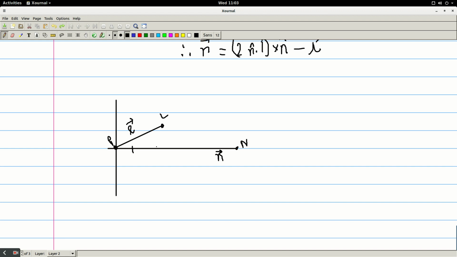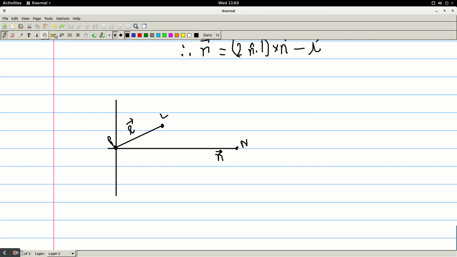It just has unit length 1. Okay? So assuming that the length of this is 10, then n hat's length is obviously 1. We know that the length of a unit vector is 1. So that is just to give you an example.